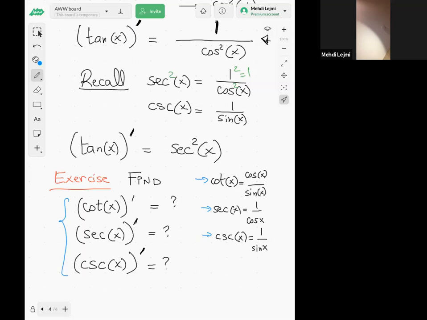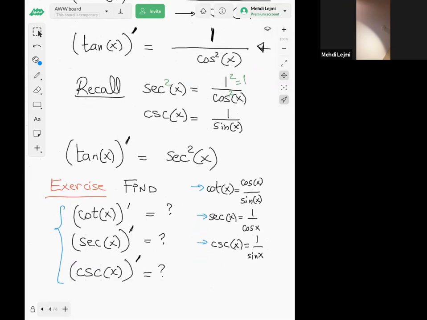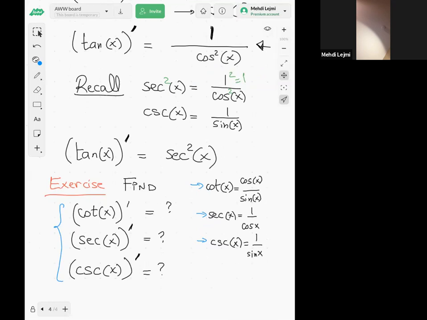I'm going to give you a couple of minutes to think about the derivative of cotangent, secant, and cosecant. Again, use the quotient rule.